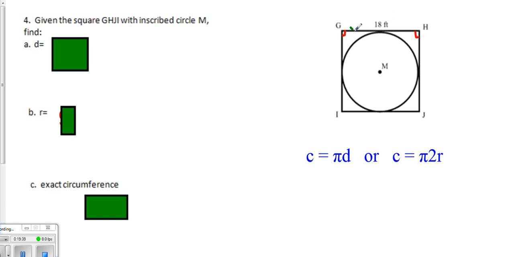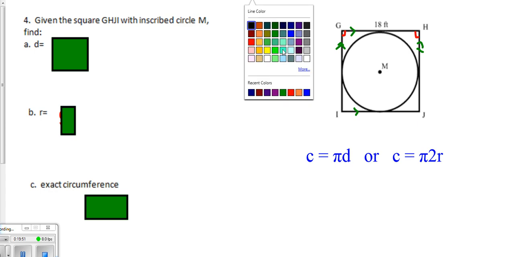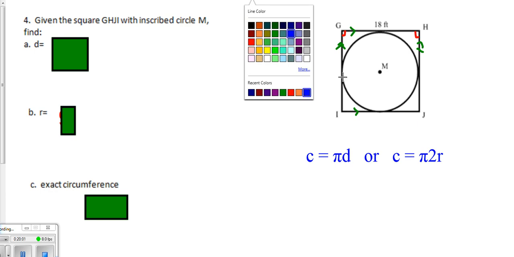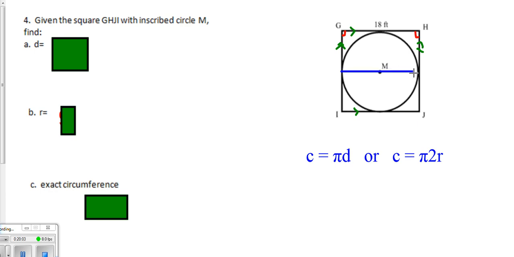Also, this line is parallel to this line, and this line is parallel to this line. So if we were to take and draw in a diameter right here, there's a straight line right here.